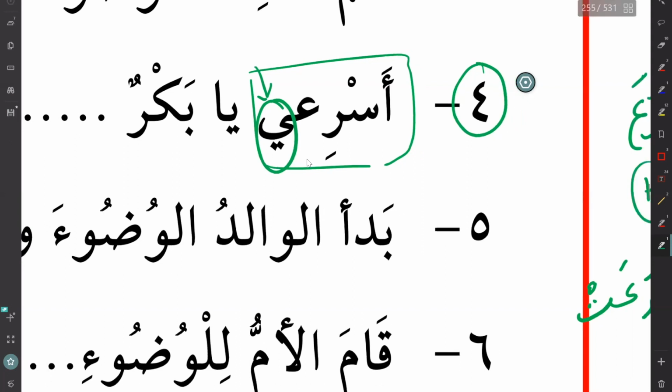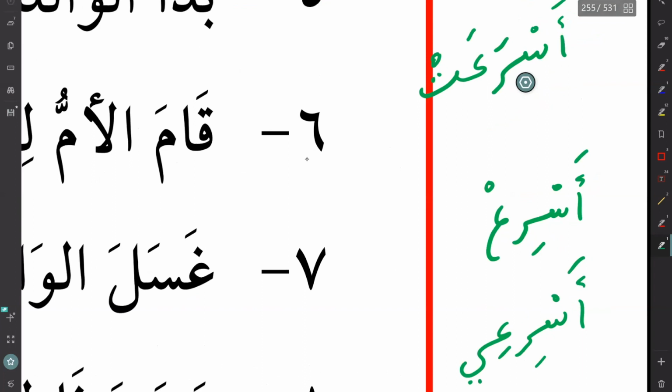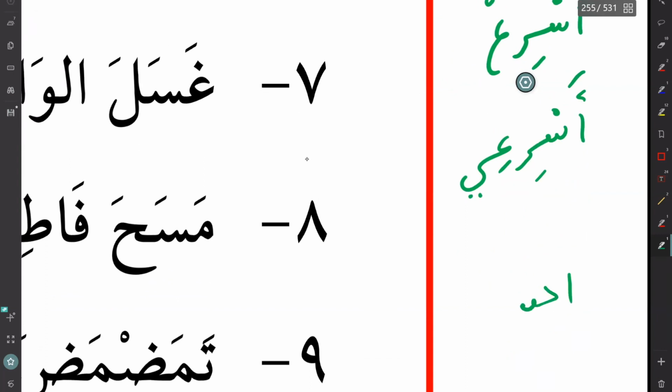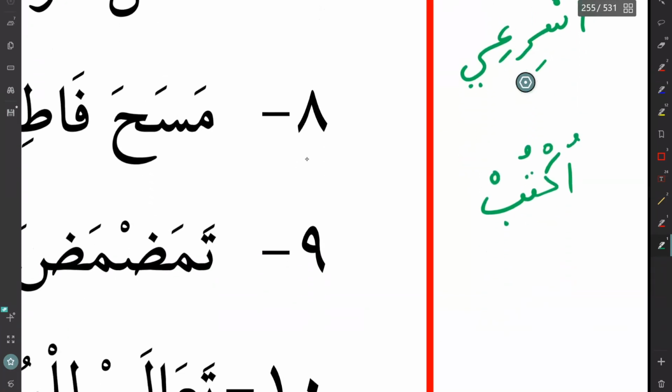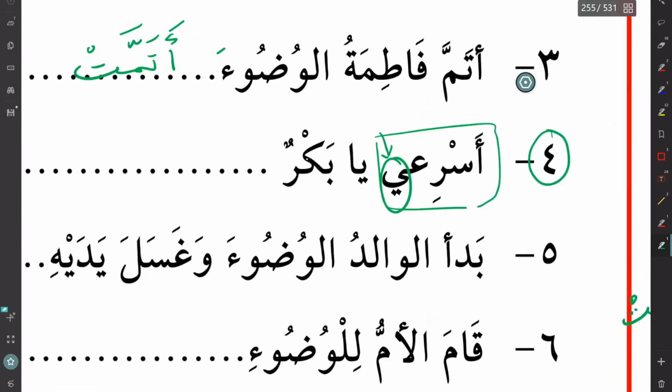For the masculine, it would be sukun like asri'. And for the feminine, it would be asri'i. For example, uktub for the masculine. Now you're asking a female person to write, it would be uktubi. You understand? Inshallah, something that we'll learn. I don't think the book went too much into detail, but that's what it is.